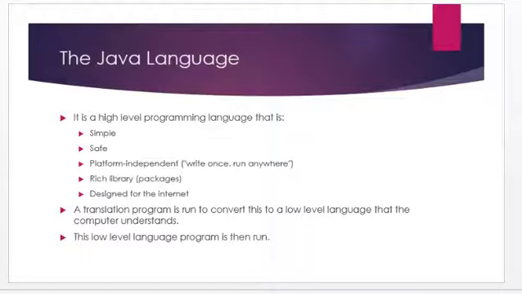Forget about all the things I've written here that you can see in the slides. They're all true about the language. It's simple, even though some people may argue that some other languages are simple as well. That's true. Taking Python, for example, Python is simple, but at the same time, Java is a high level language as compared to low level language that the computer understands.